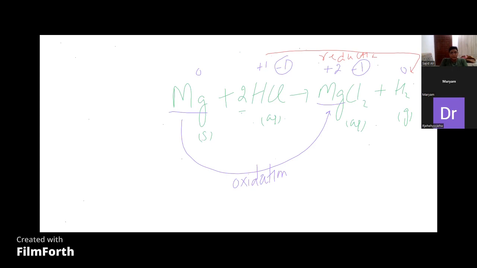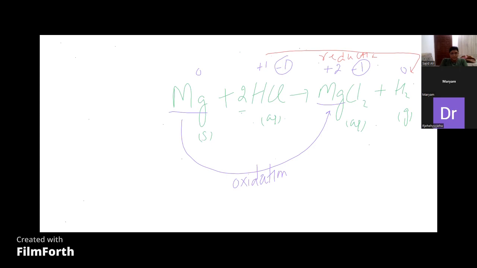Magnesium is losing electrons to form Mg2+, whereas hydrogen ions from the acid gain electrons to form hydrogen gas, which has an overall oxidation state of 0, being a diatomic molecule. So that has been reduced.